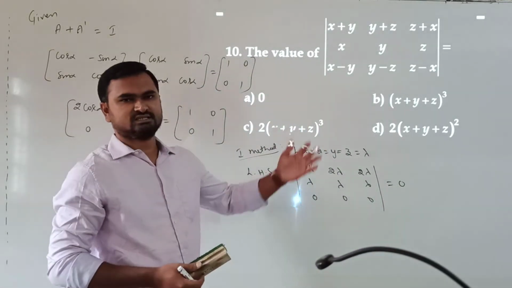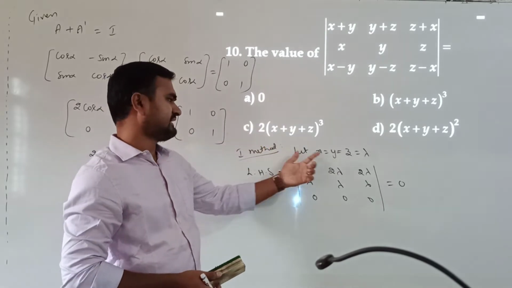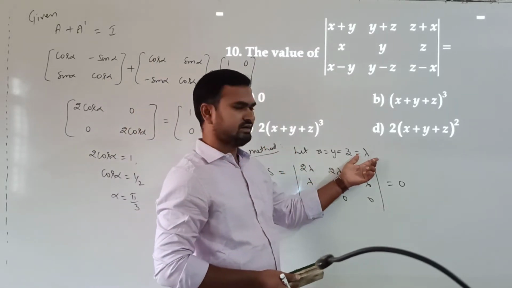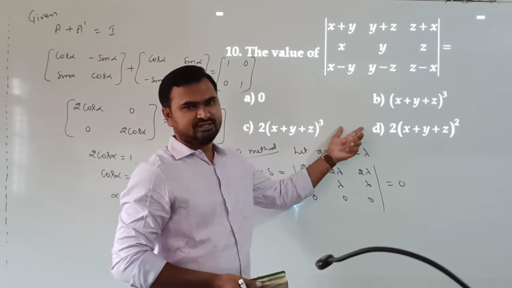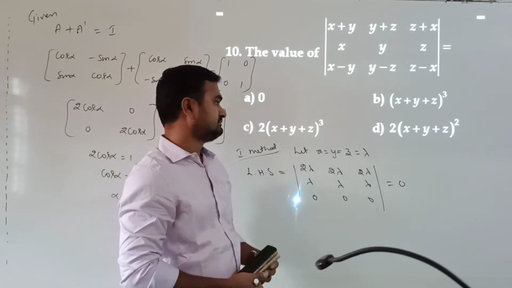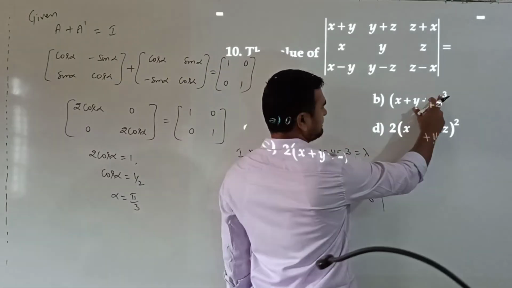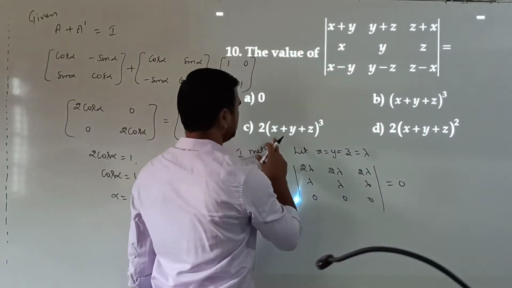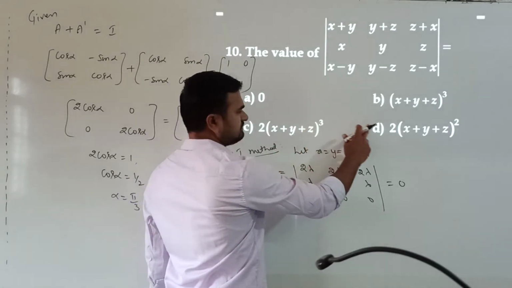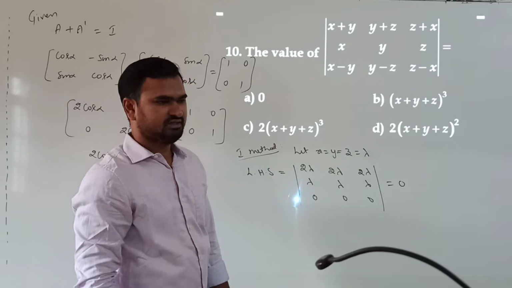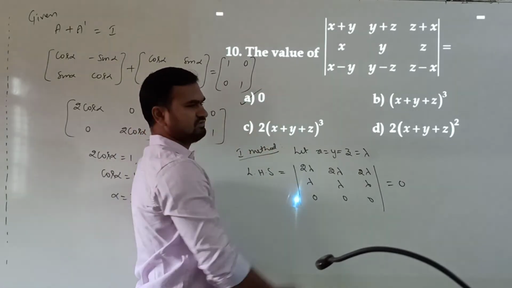So the left hand side is 0 by taking all three values as equal. Now substitute all three values as equal to lambda in the options and see which option gives us 0. The first option is 0, it can be the answer. Here we get 3 lambda whole cube, 2 into 3 lambda whole cube, 2 into 3 lambda whole square. So only one option giving the answer as 0 is the first option. Okay.